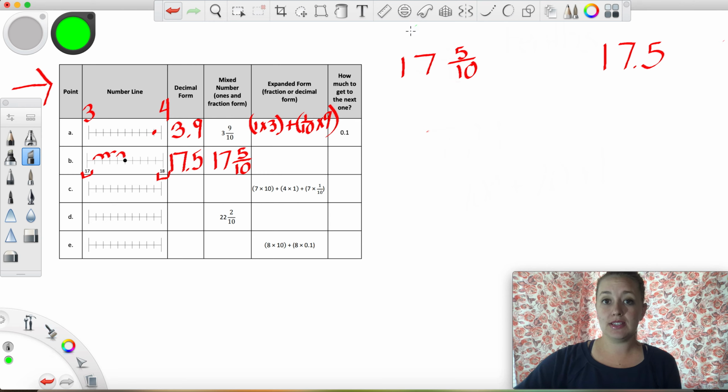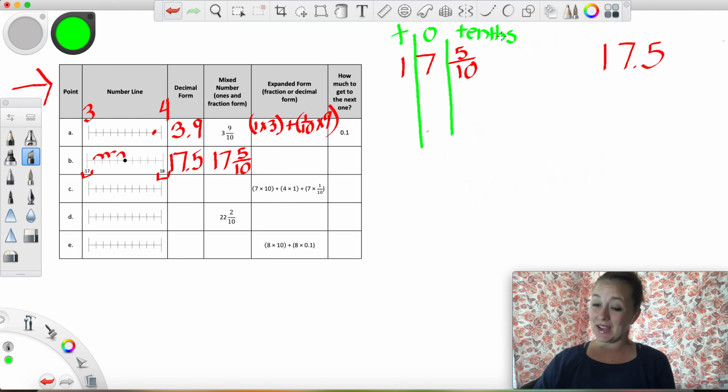Let's draw our lines. Here's my tens, my ones, and my tenths. That one gets a little confusing. It's a little tricky, but you can do it. So if I was going to draw a place value, how many tens do I have? I just have 1 ten.